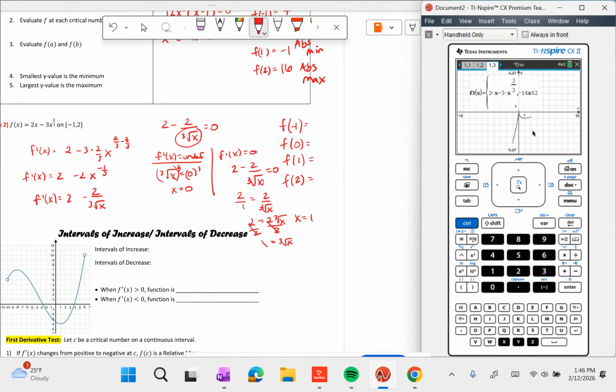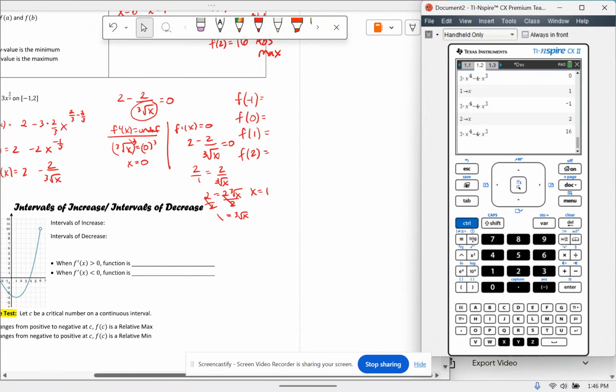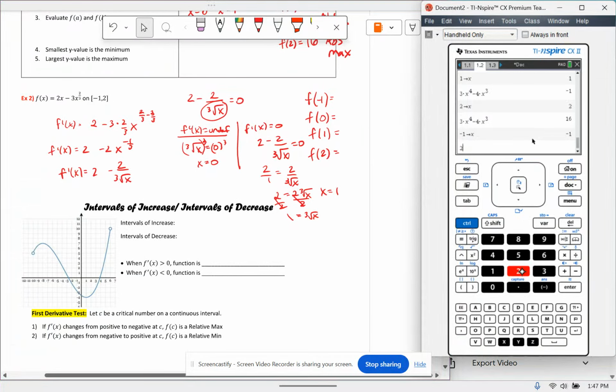Back at it. Okay, so we're evaluating these values here, and I'm just going to give them to you. Or we can just test them real fast. Notice how we are evaluating the original to find the maximum y value and the minimum y value.